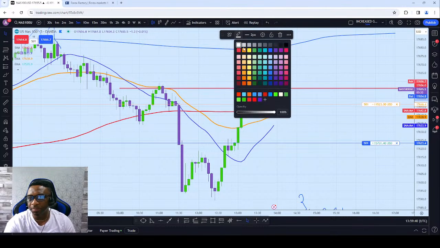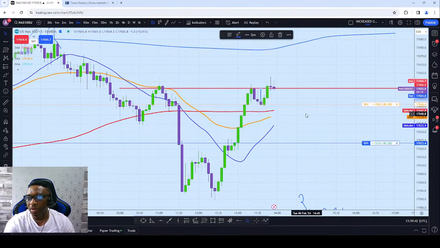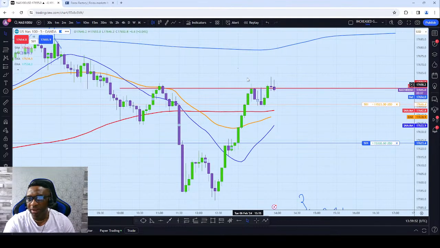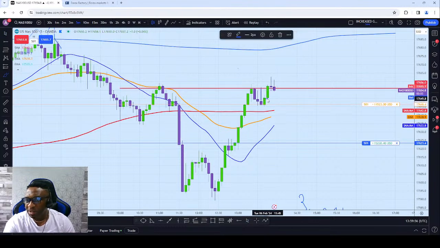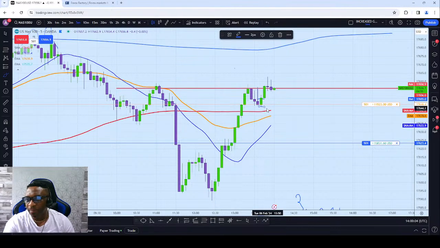You enter on this trade somewhere here. If you enter on this particular candle, your stop loss is right here.